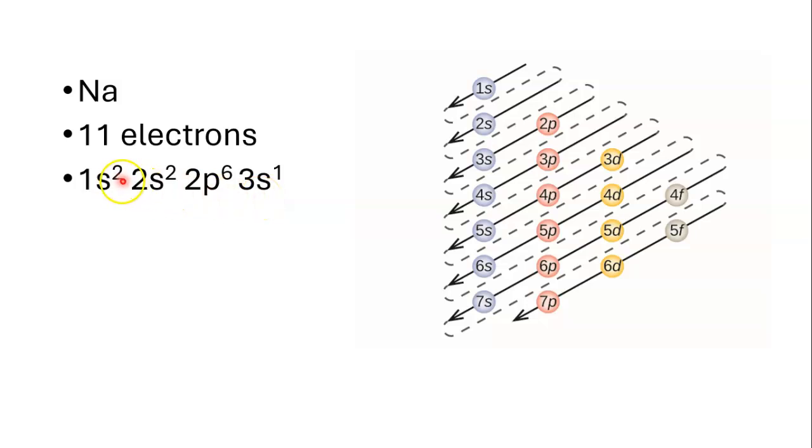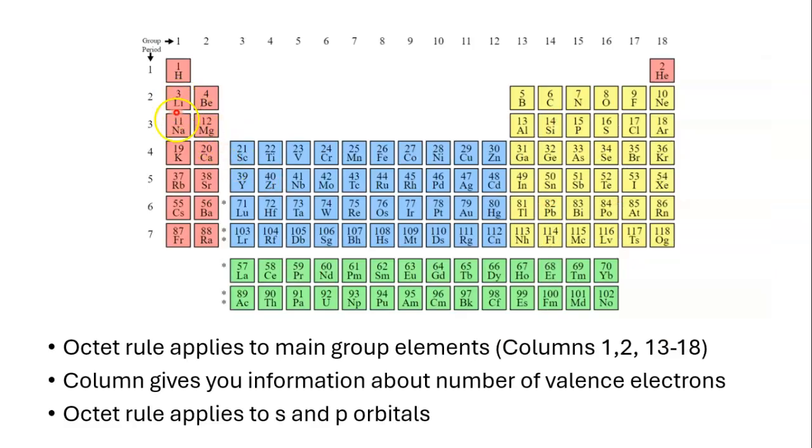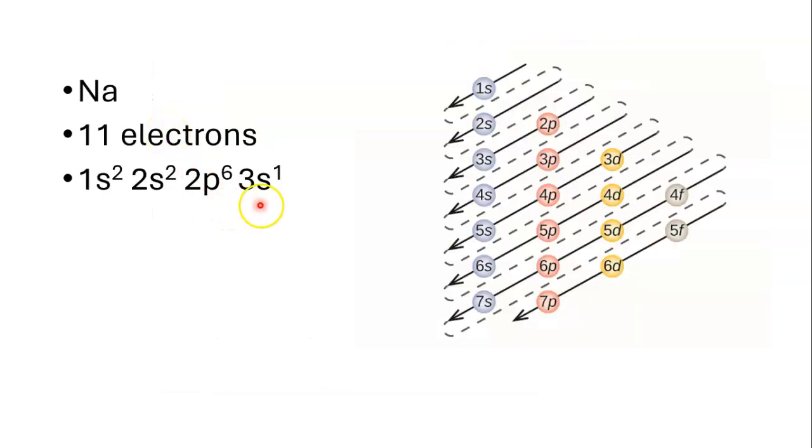So again, if you go through and count, this is 2, 4, 10, and then there's our 11 electrons. So we have in this outermost electron shell, this third shell, or energy level, 1 electron. And again, that's what we predicted when we looked at this column number. We predicted that there would be 1 electron in that valence shell.